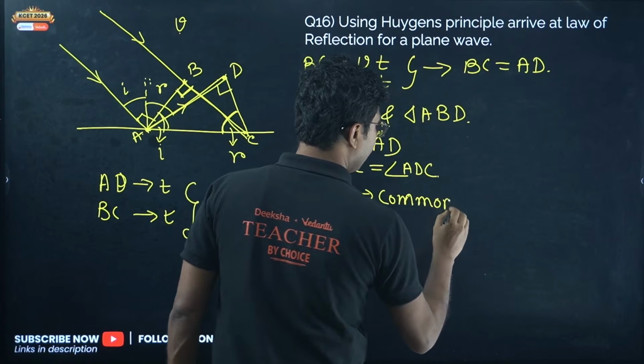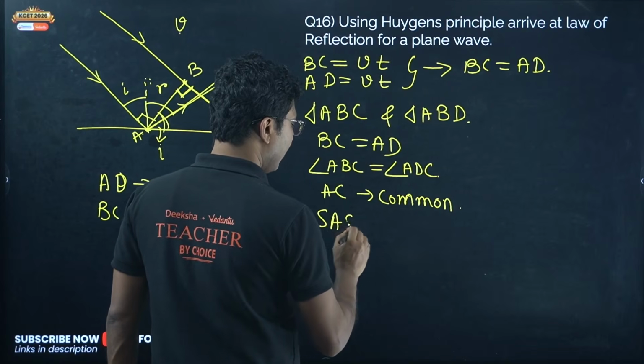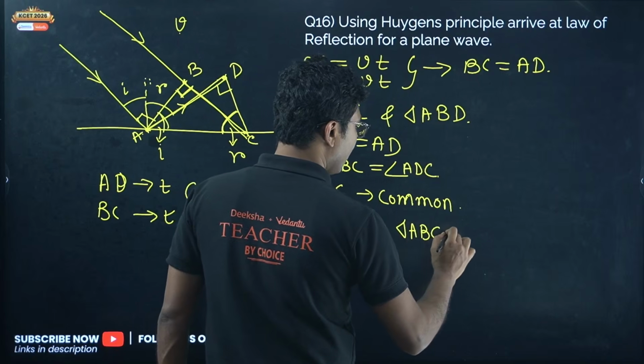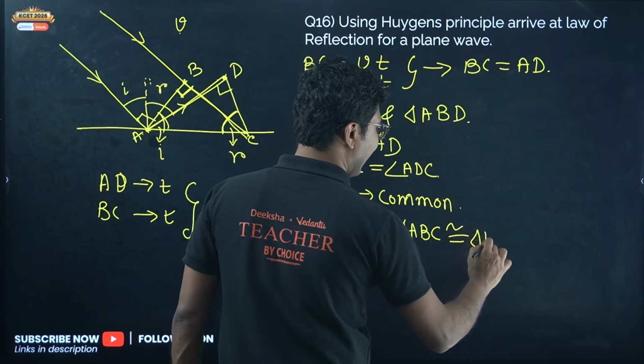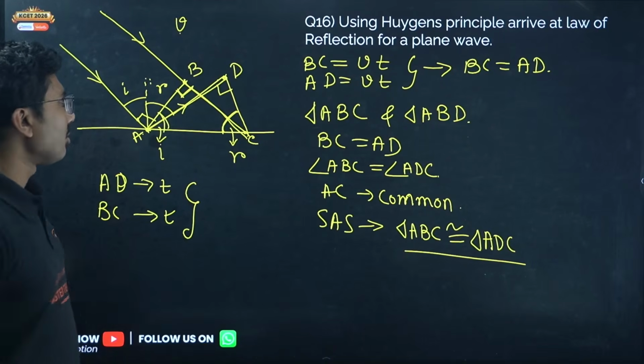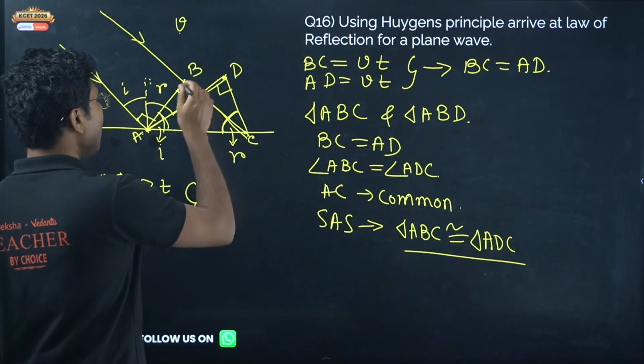That means from side angle side, we can say that triangle ABC is congruent to triangle ADC. Because these two triangles are congruent, their corresponding angles have to be equal.